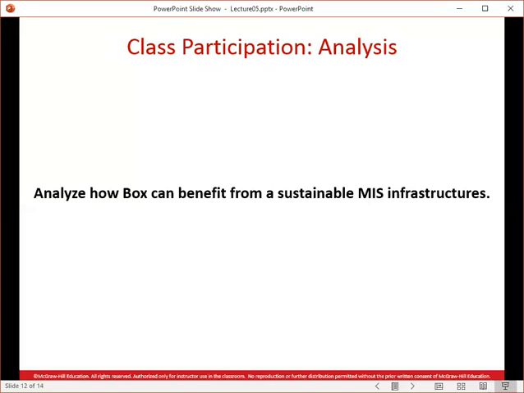Sustainable MIS is a critical part of corporate social responsibility, and that's the way that companies acknowledge responsibility to society overall. Building sustainable MIS infrastructures is a core initiative and a critical success factor for socially responsible corporations. The three primary side benefits of businesses' use of sustainable MIS are that it reduces electronic waste, it reduces energy consumption, and it reduces carbon emissions.